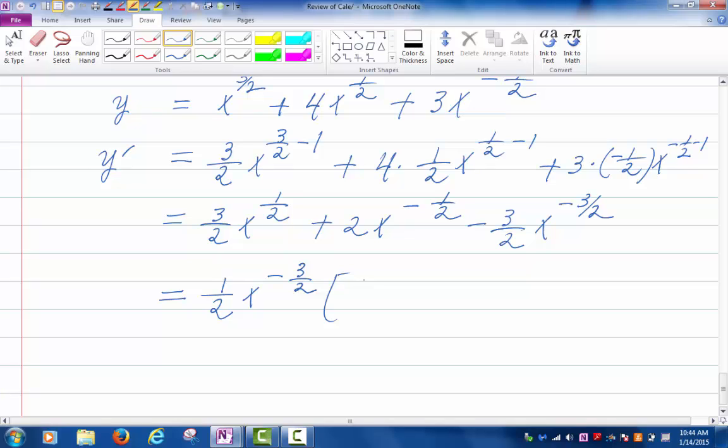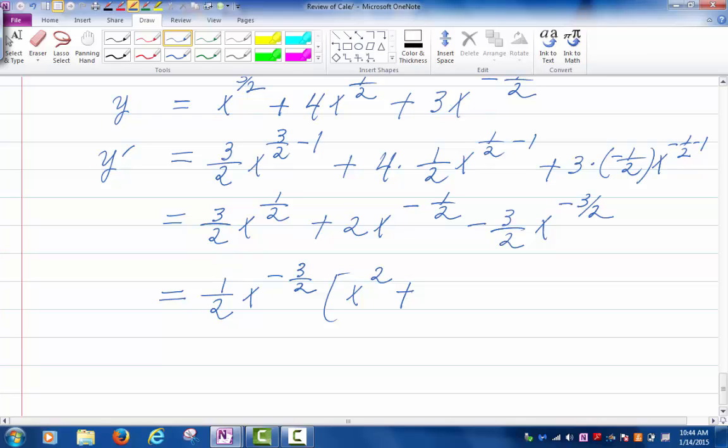And x to the half divided by x to the negative 3 half: when you divide, you subtract, so half minus negative 3 half. Half plus 3 half is 2. Everybody is okay with that? So this will be x to the 2.